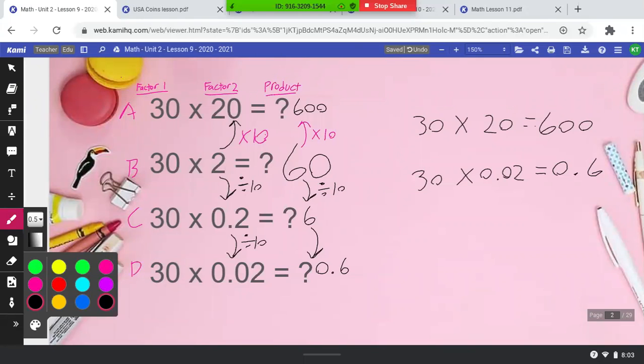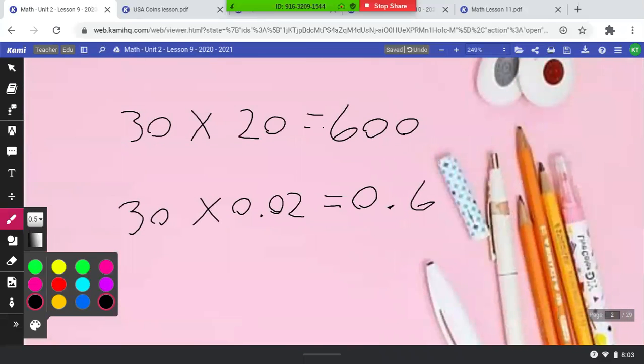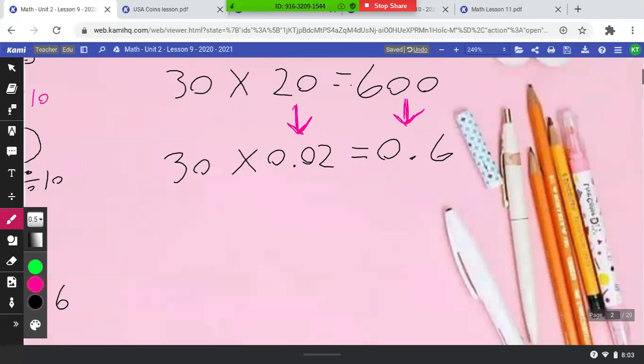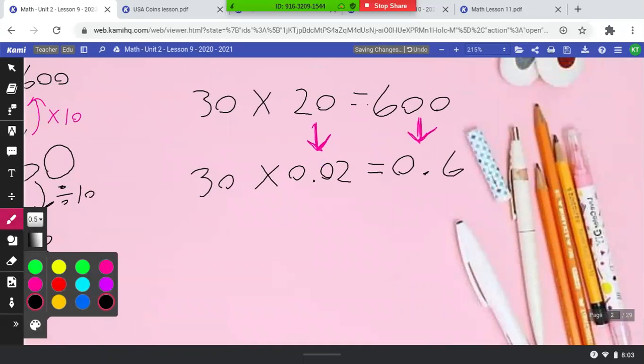How many place values did I change to go from 20 to 2/10 and 600 to 6/10? Oh, I'm sorry. This is 200ths. My bad. I'm sorry, y'all. How many did I change? Well, let's look.